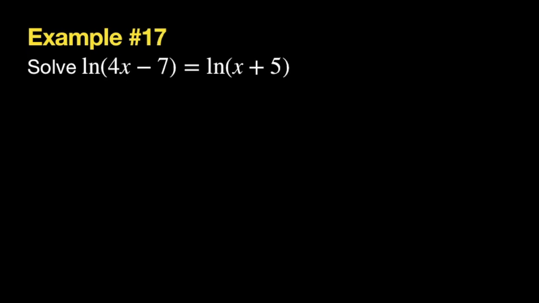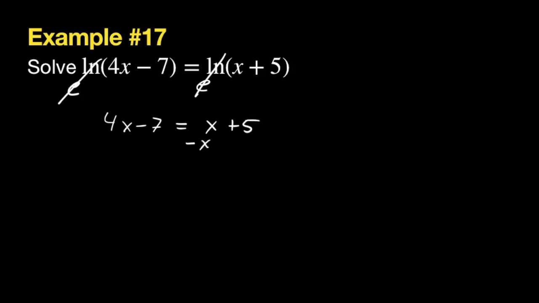So in this one, we're going to be paying attention to things with logarithms, and in this case, we have a natural log. So to get rid of that natural log, we need to make sure that we're using e. So we're going to put e right here and e right here. This cancels, and we're left with 4x minus 7 is equal to x plus 5.